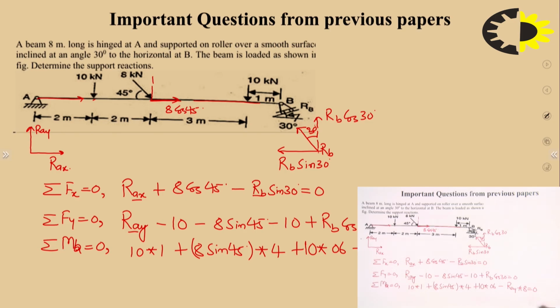So, okay, by solving these three equations, we will be finding out the answers. RAY. Are you calculating, or I have to calculate? Okay, I am writing you the final answer for your reference. RAY is 11.58 kilonewton.